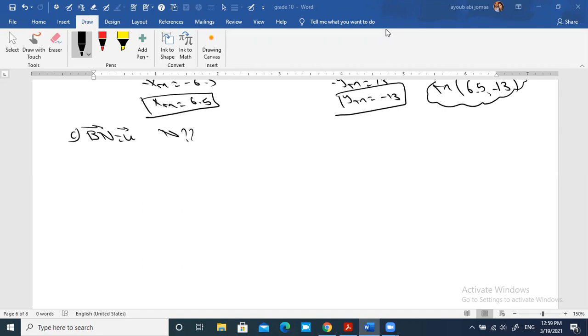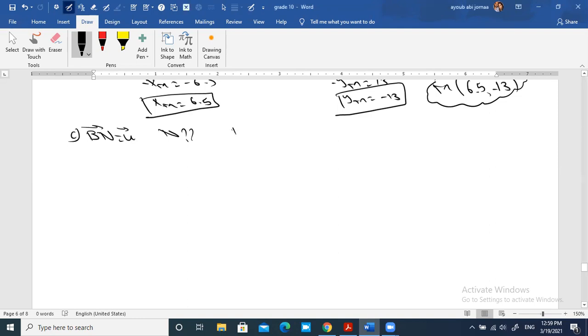Yes teacher, I hear you. Yeah, how to find coordinates of point N so that BN is equal to vector U. We need to find the coordinates of point N so that BN is equal to vector U. Don't forget, we gave vector U as negative 2, 1.